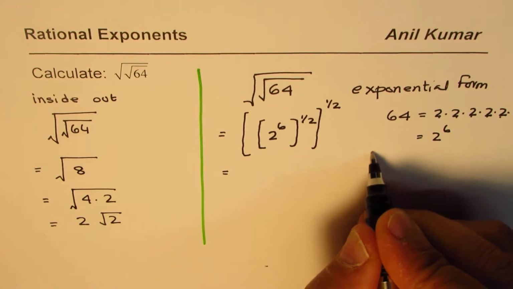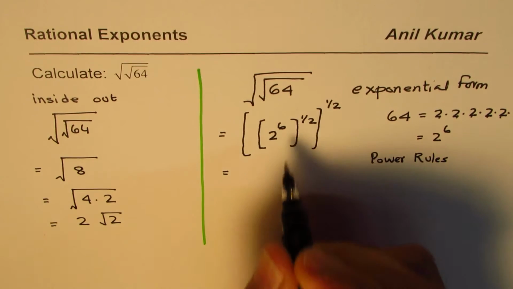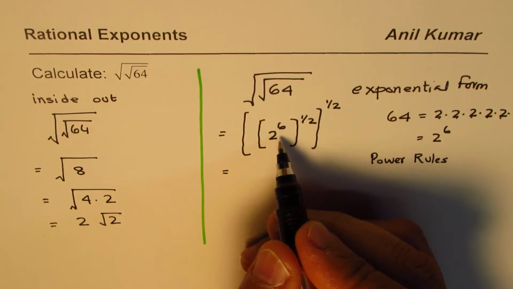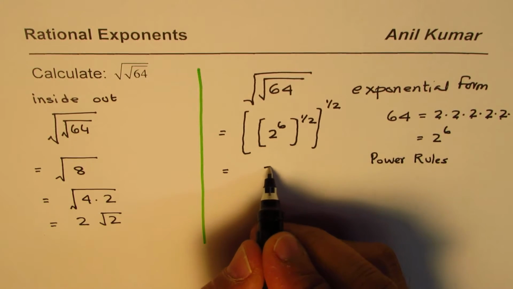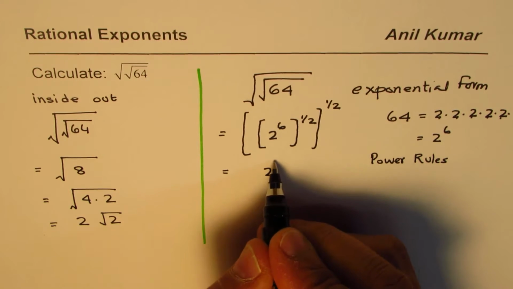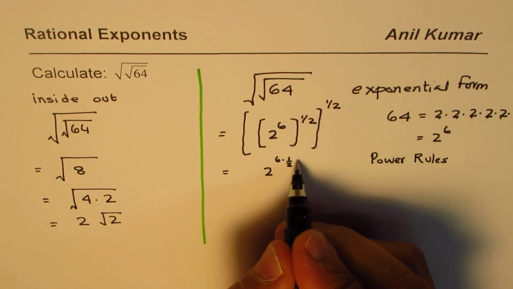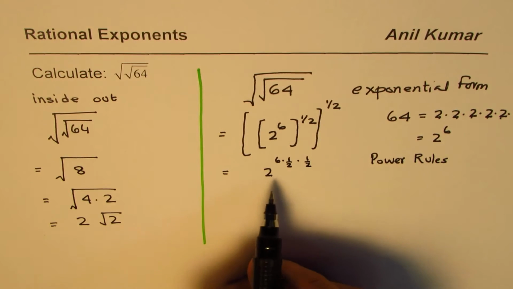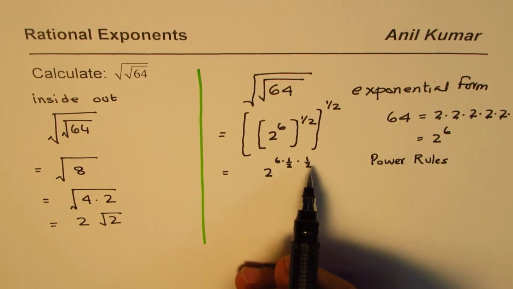So now we can apply the power rule for exponents. If you do the inside function first, 2 to the power of 6 times half, you get what? Well, if you do the outer one also, then it becomes another half. Is it okay? So you get 2 to the power of 6 times half times half, right?